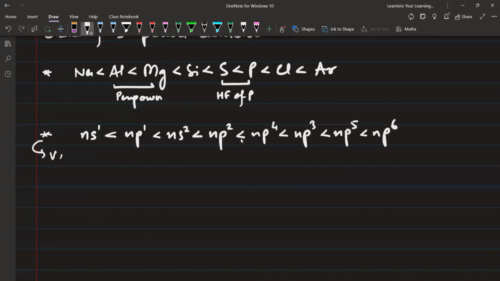This is valid for first ionization enthalpy, second ionization enthalpy, etc.